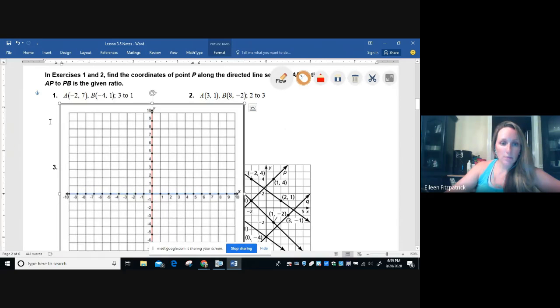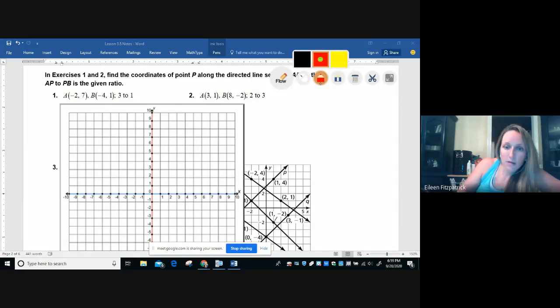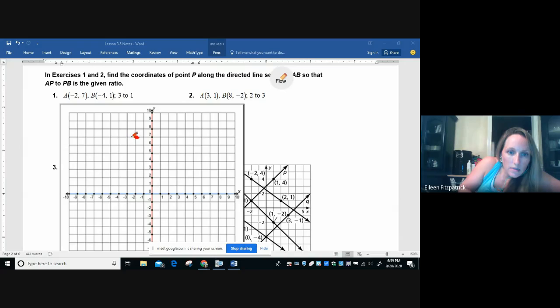I'm going to do problem number 1. I'm going to plot a point at (-2, 7) and another point at (-4, 1), A and B. So let me get my pen again. (-2, 7) is right here. That's point A. And then (-4, 1) is point B. And then you're going to connect them.